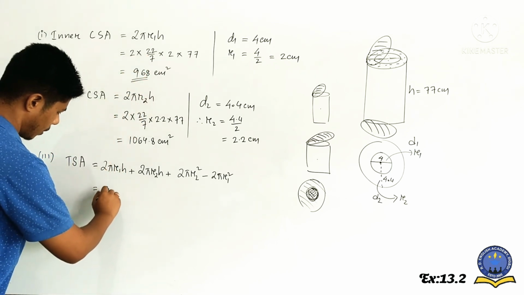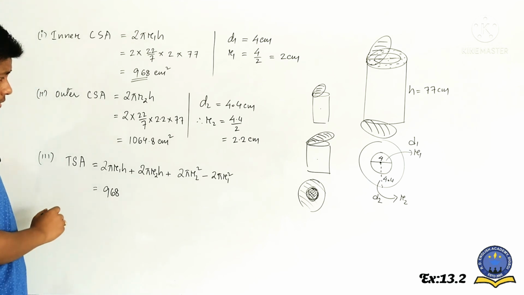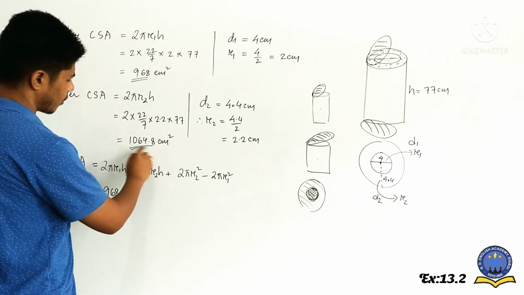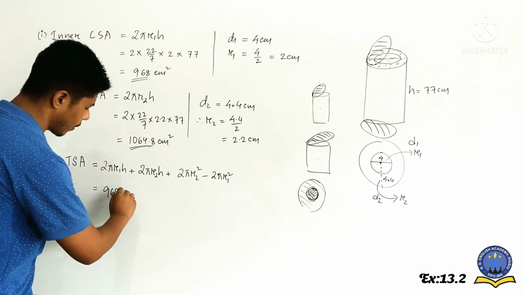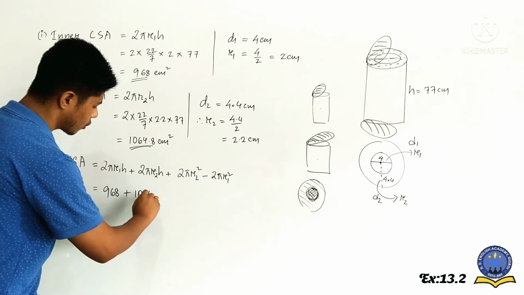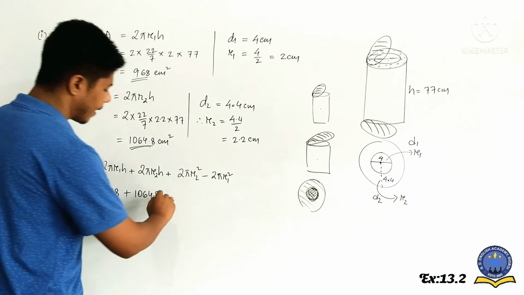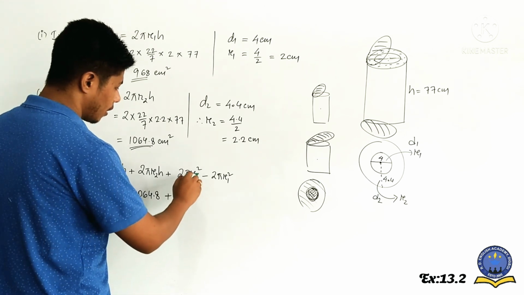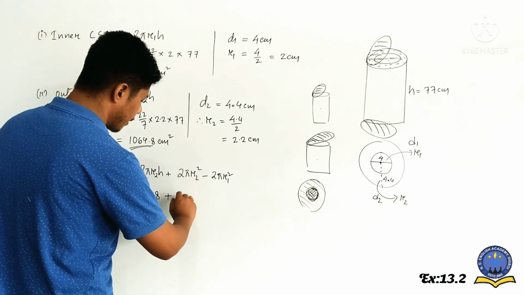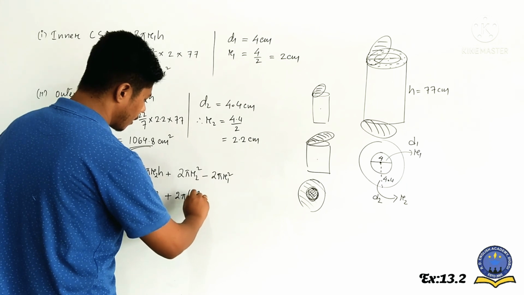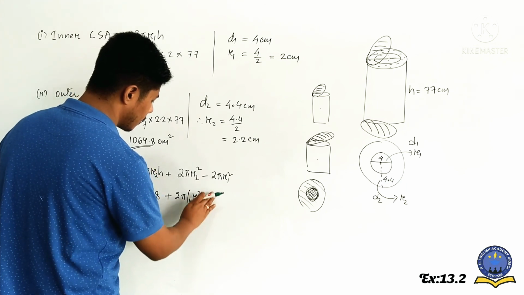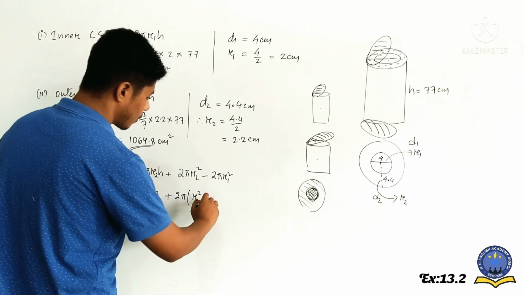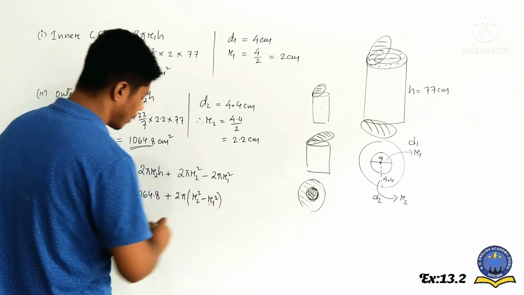968. So in place of this we write 968. r2h, that means this value also we know, and this one we write here 1064.8. And then if we calculate this one, 2 pi is common, and then we write r2 square minus r1 square.